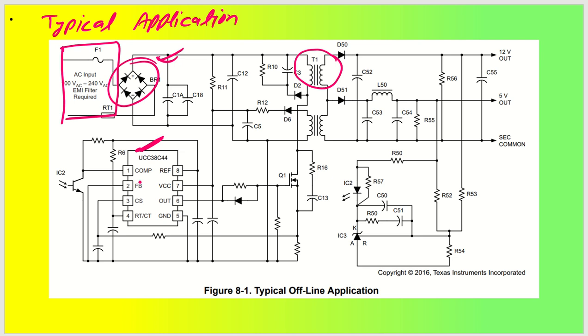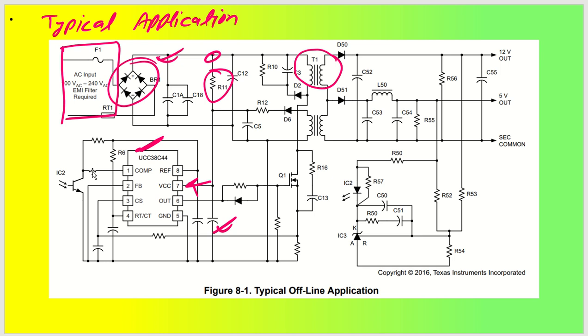As you can see, this is my supply that is going to my VDD pin. Through this particular resistor and diode, we make sure that the VCC pin gets around 15 volt, with one capacitor as well.